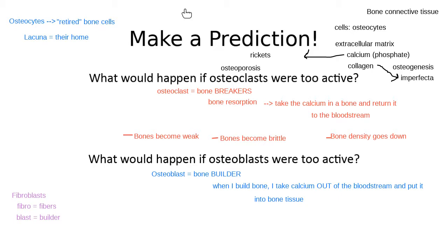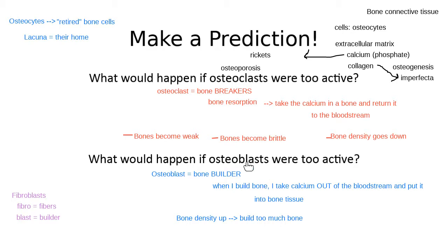So osteoblasts, if they get too active, at first my bone density goes up. If it gets really extreme, I can build too much bone. Absolutely. Great correlation that Jesse made in the chat too.